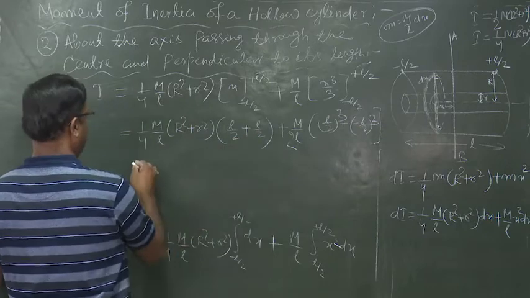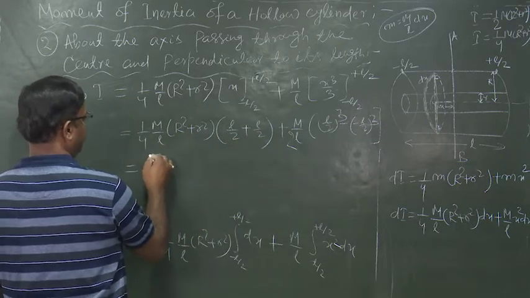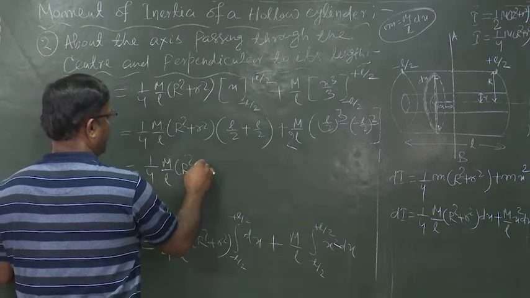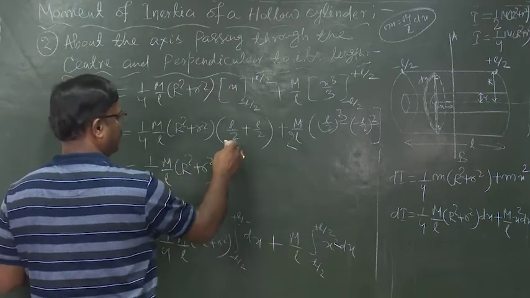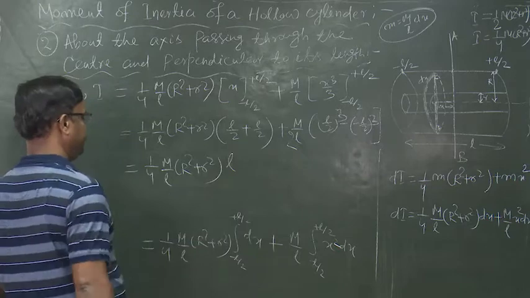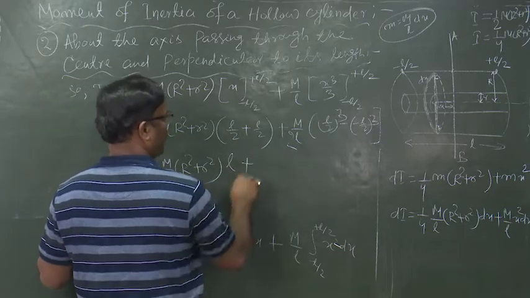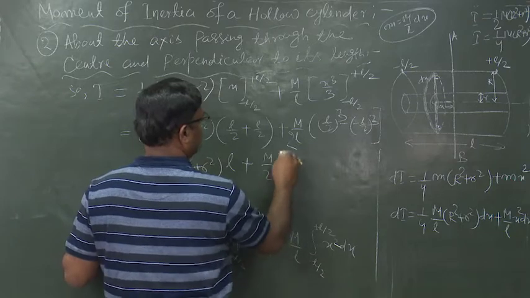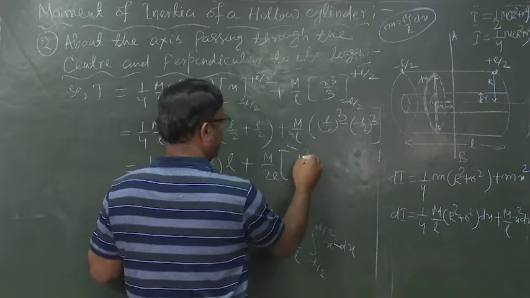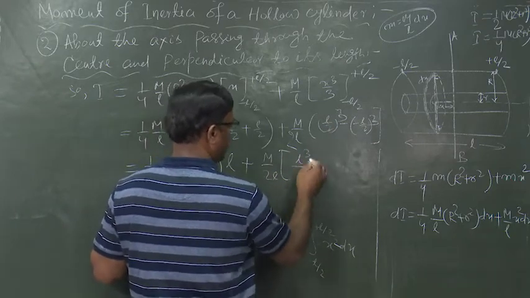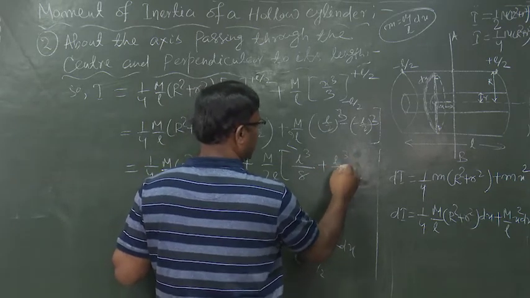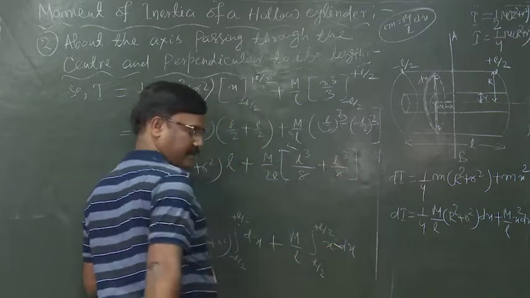This can be written as 1 by 4 m by L into r square plus r square into L, plus m by 3L and it will be L cube by 8 plus L cube by 8.